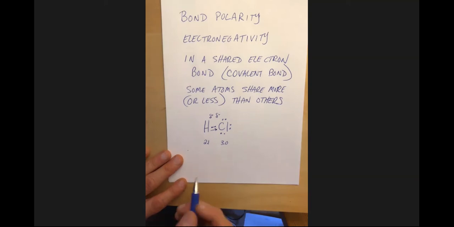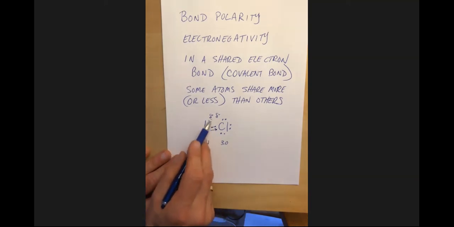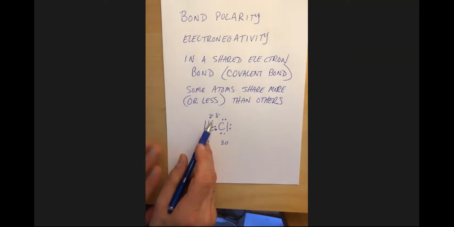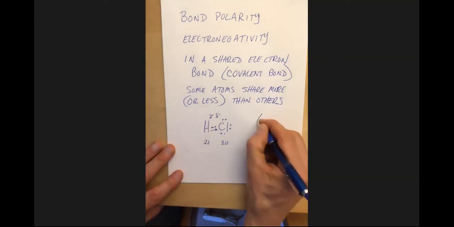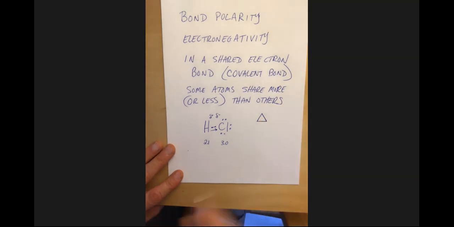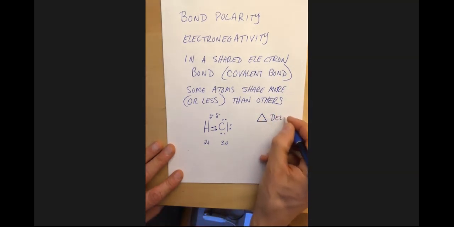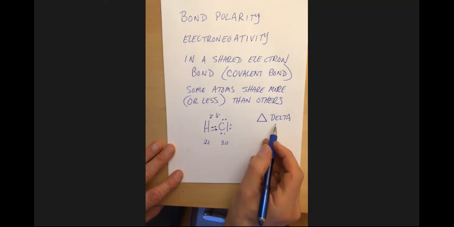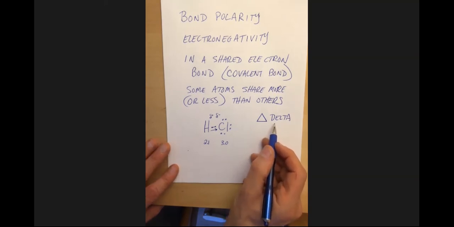And so sometimes you'll see these 2 symbols to designate slightly positive and slightly negative. If you're not familiar with that, you might be familiar with the capital delta, the Greek letter delta, as meaning a big change. So you might look at a change in speed or a change in slope or a change in a graph.